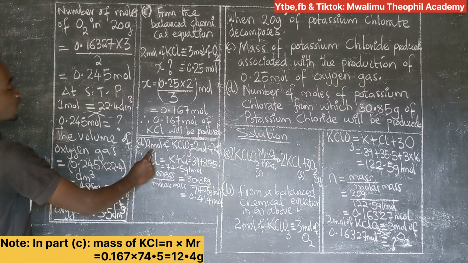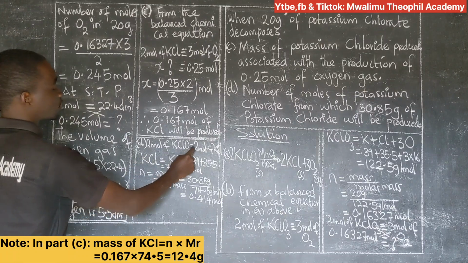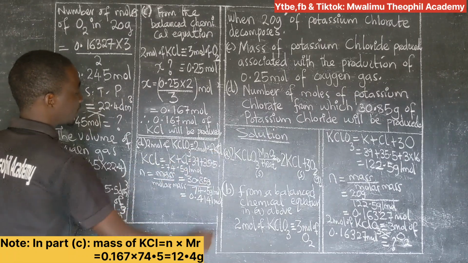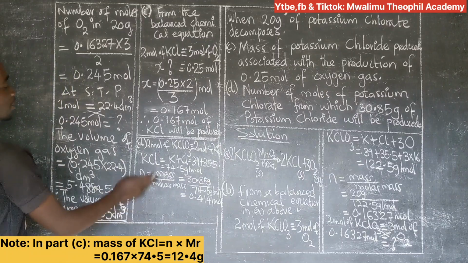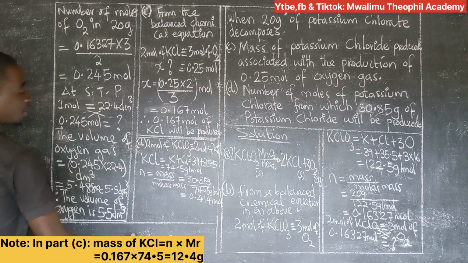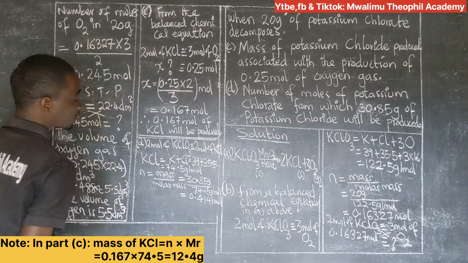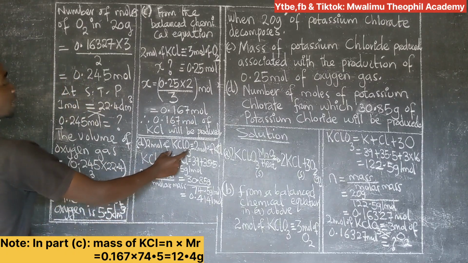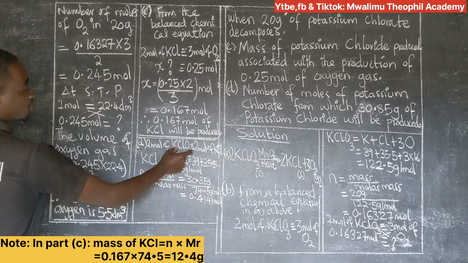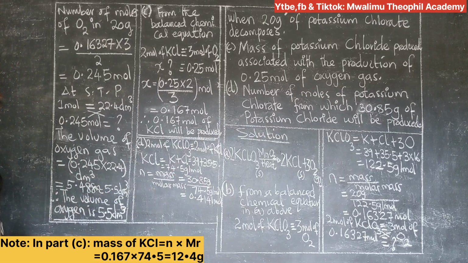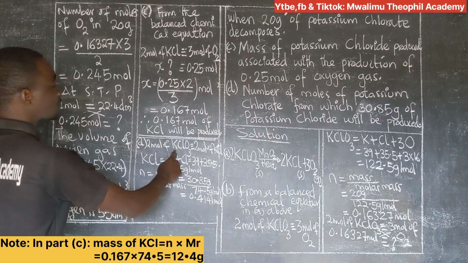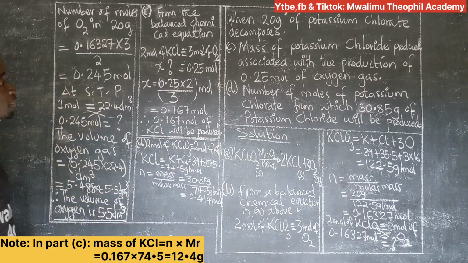But the relation is this one: 2 moles of potassium chlorate is equivalent to 2 moles of potassium chloride. Now, they are equal. So, as we have obtained 0.4141 mole, when we put it into this relation, we find that the number of moles of potassium chlorate is equal to the number of moles of potassium chloride.